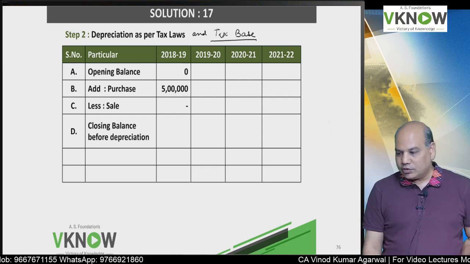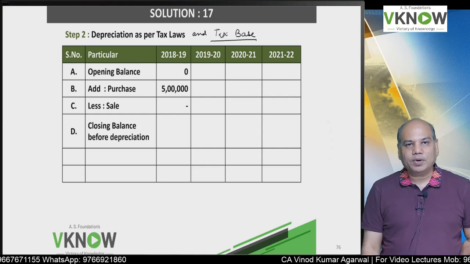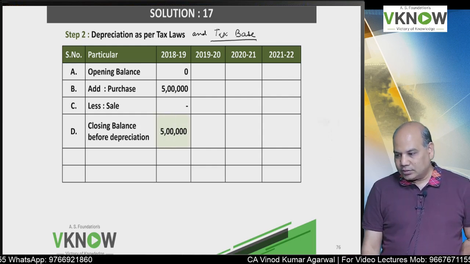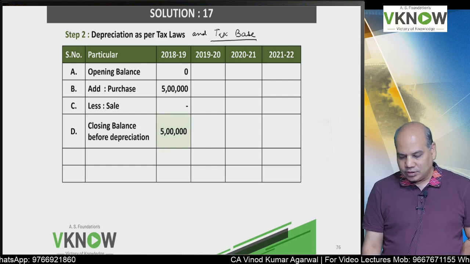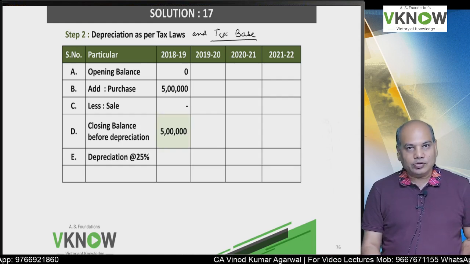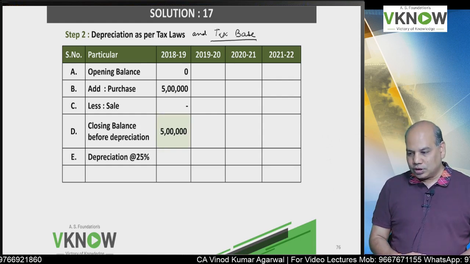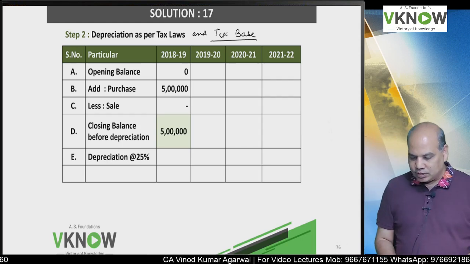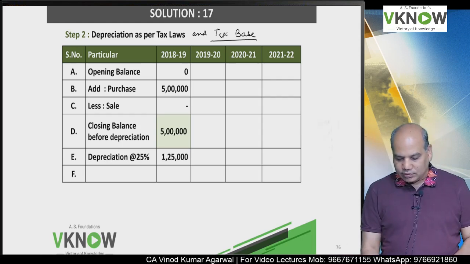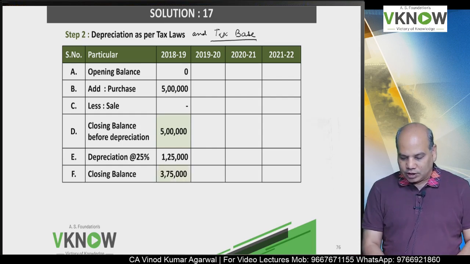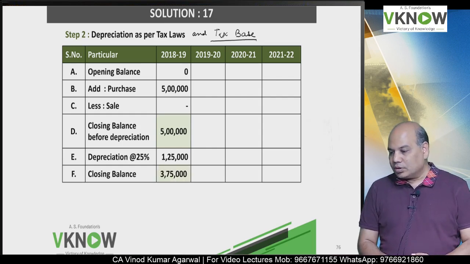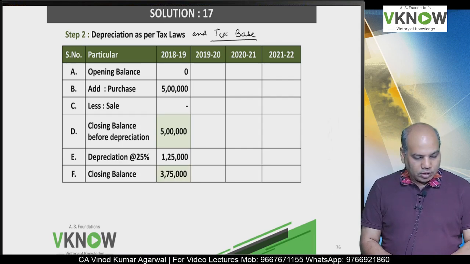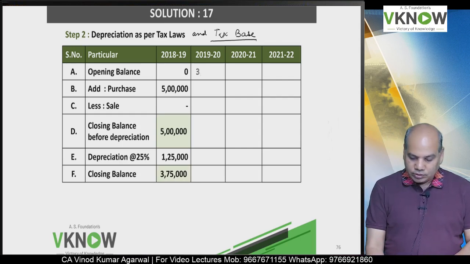So what is my closing balance before depreciation? 5 lakh. A plus B minus C. In this problem sale is not there, so that issue is not there. Depreciation 25%. Trust me and write 1,25,000, or you can check if you don't trust. Closing balance 3,75,000. Continue. Why are you sitting idle?